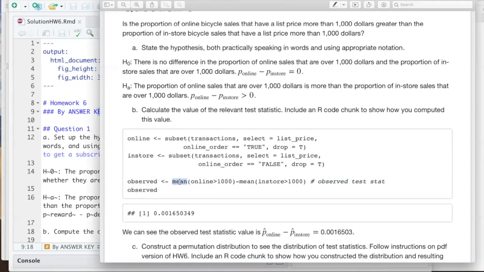So this whole command right here has the same effect as saying what proportion out of all of the list prices in online were strictly greater than 1,000. And this is saying out of all of the in-store list prices, what proportion of them were greater than 1,000. And we can see that the difference in those two proportions is pretty small.